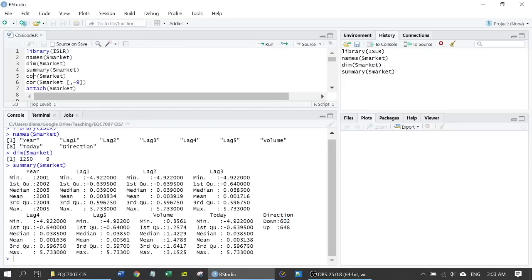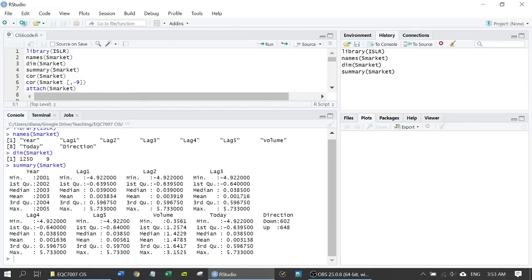Okay, so next I would like to find out the correlation, especially between today's percentage returns with yesterday and 2 days ago and 3 days ago and so on, and perhaps also with the volume. Basically we want to find out the correlation between all of these numerical variables.